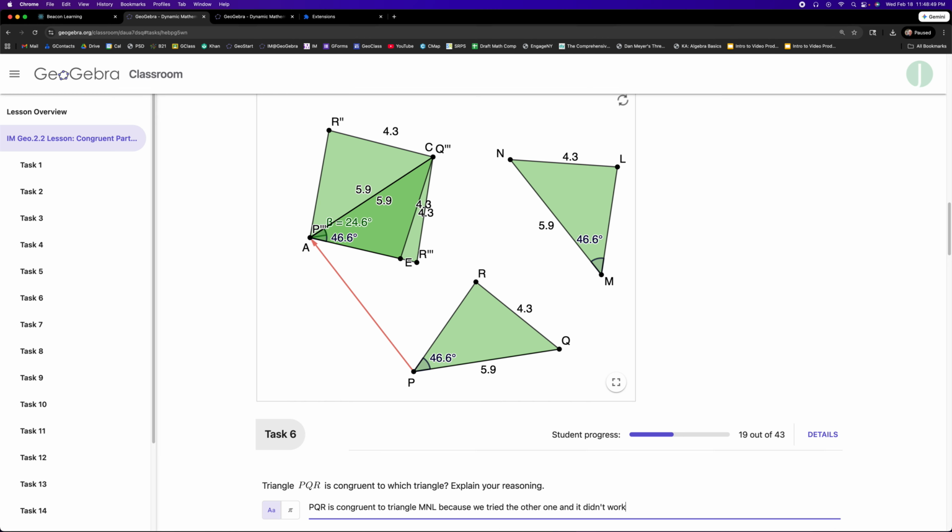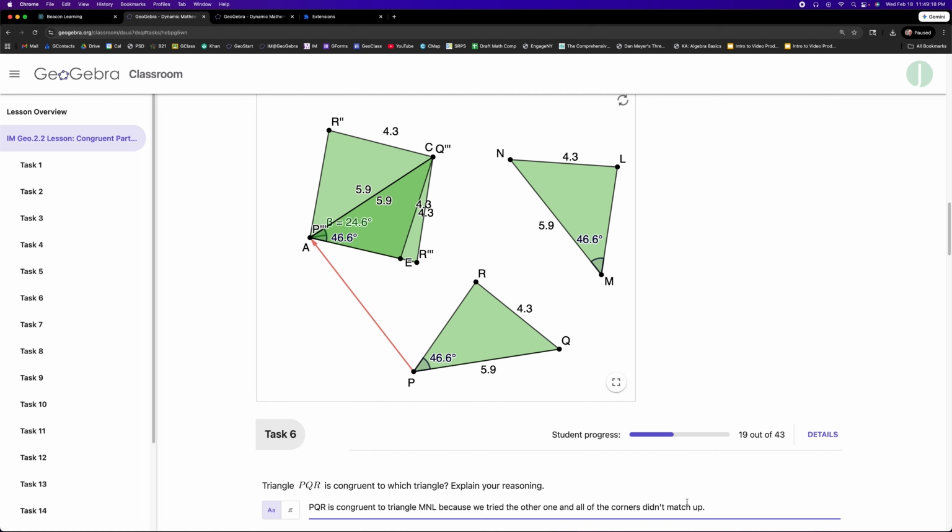I think all that typing is really loud, so I'm going to not type stuff. But anyway, I shouldn't say it didn't work. I should say it didn't match up. All of the points and all of the corners didn't match up.